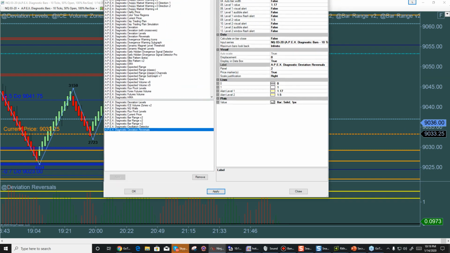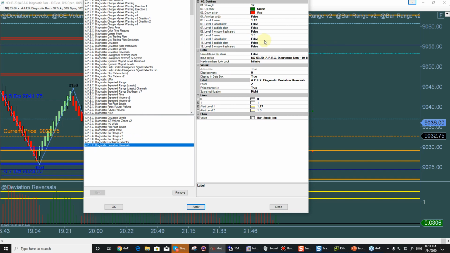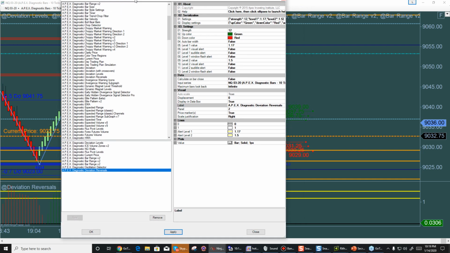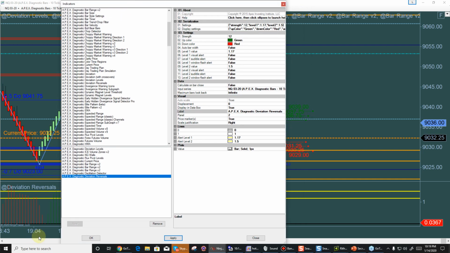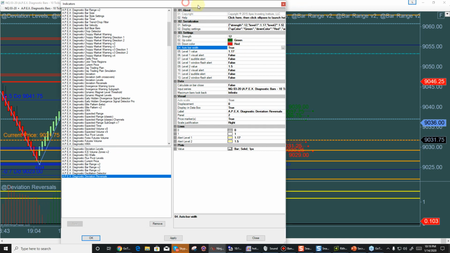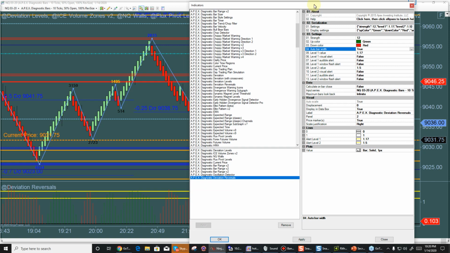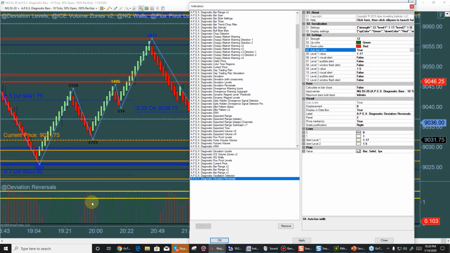Now, I like a different setting that makes it a little easier for me to see. That setting is I go over here and turn off the auto bar width. So you see the before. It can be sort of hard to tell if there's a big hill or little hill sometimes, because they look so close together.